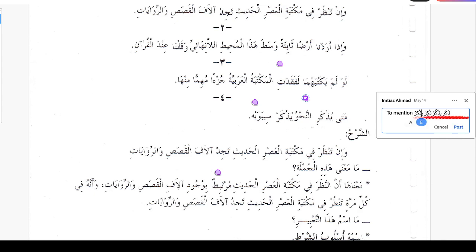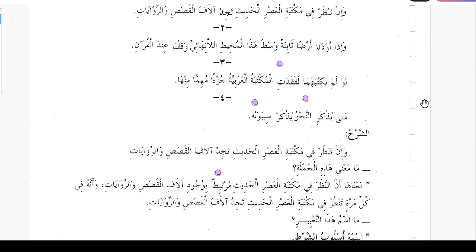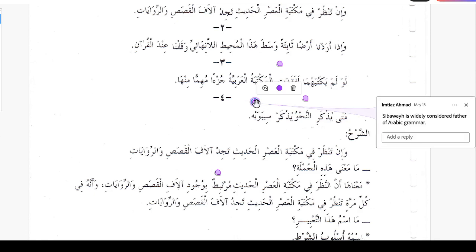So it should be yuzkaru. Typo here. Zakara yazkuru, zukira yuzkaru. So yuzkaru here is passive. When grammar is mentioned, Sibawai is mentioned. Sibawai is widely considered the father of Arabic grammar.